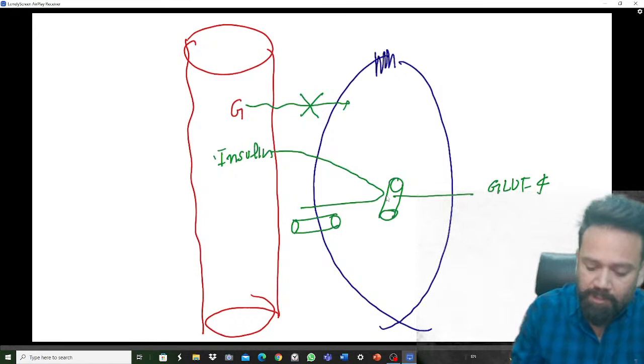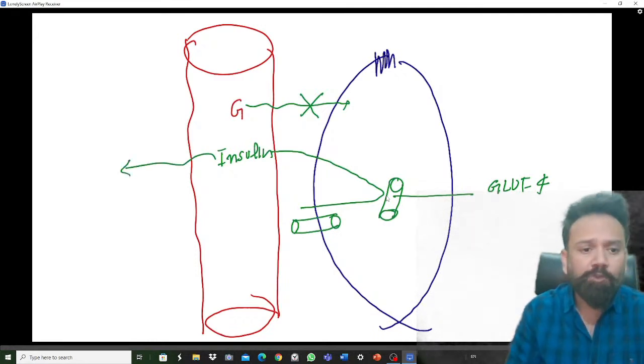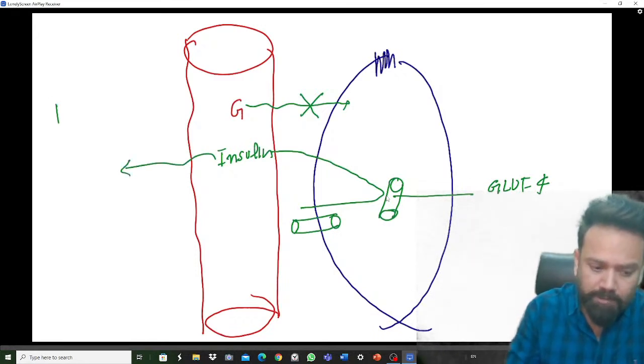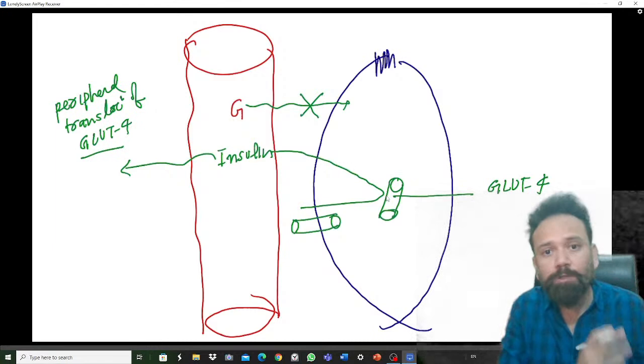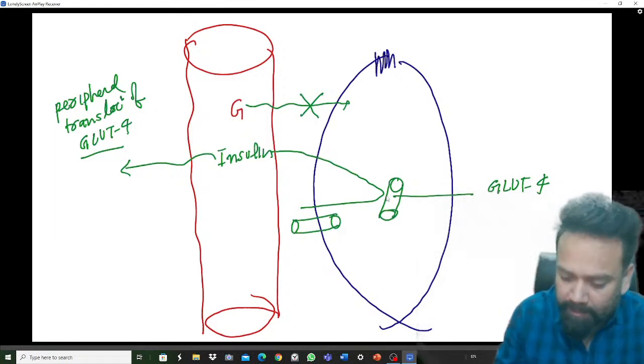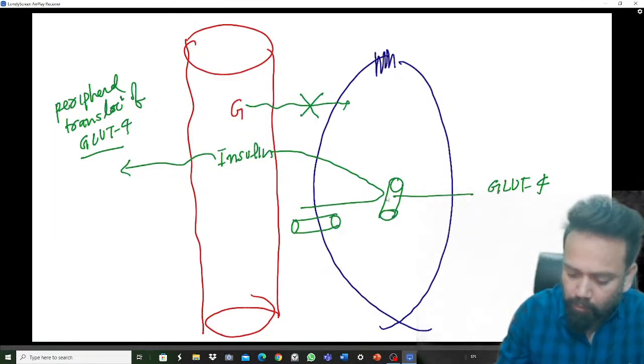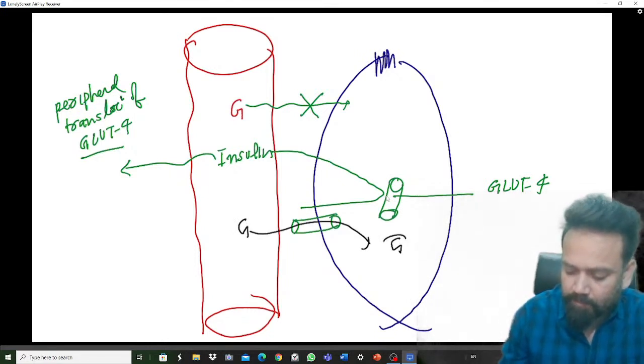So what is the role of insulin here? The role of insulin is to cause peripheral translocation of glut 4 from the center to the periphery, so that glucose can easily enter inside the muscle.